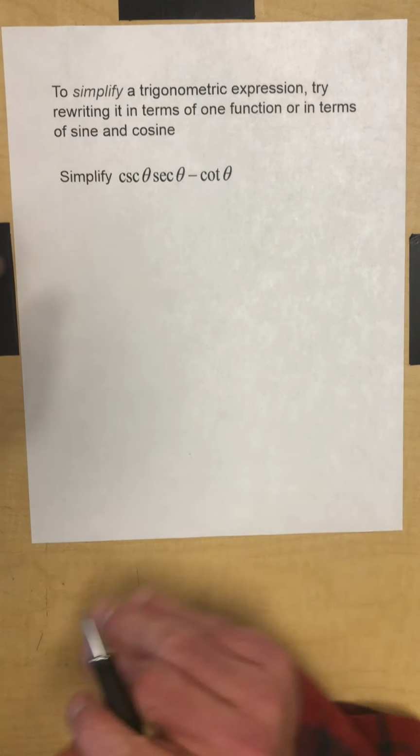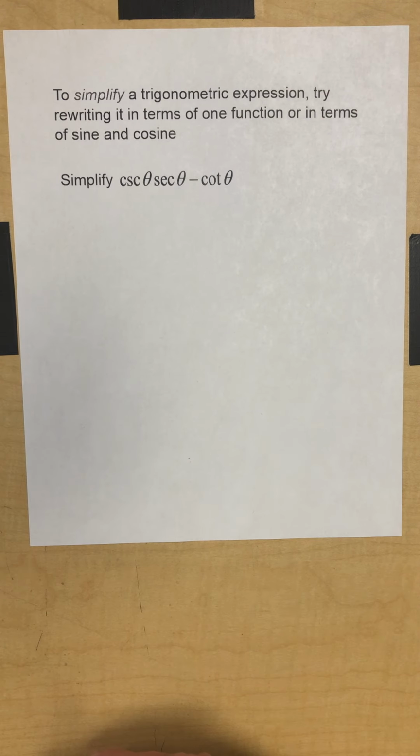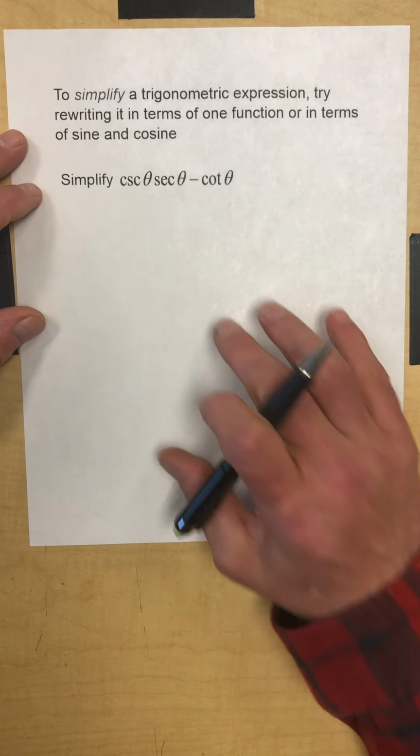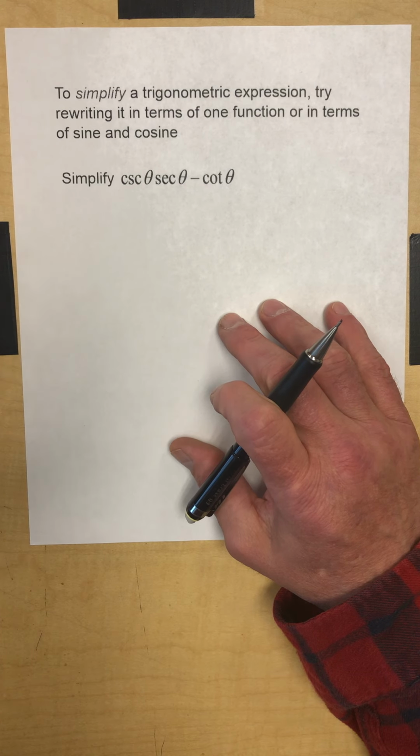Let's see. Okay, so we're going to start working on some problems like this, where you're asked to take some trigonometric expression and simplify it. There's a number of different ways to do that.